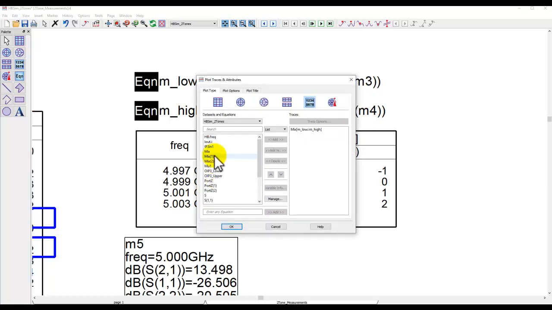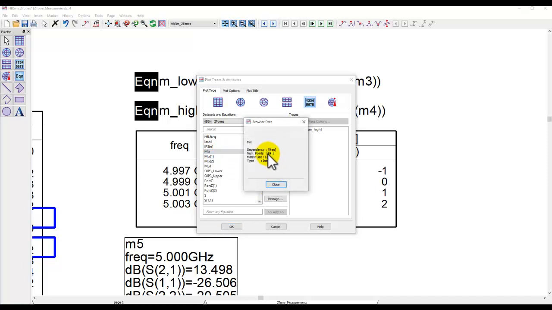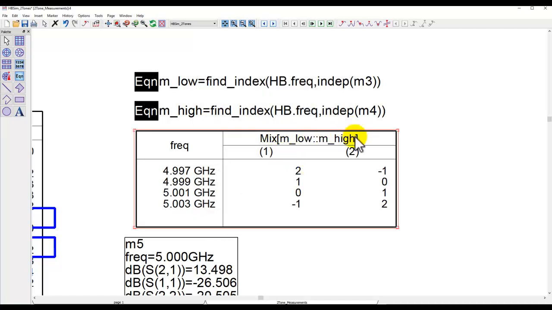Because if you remember, if you look at mix, look at the variable info, it is 49 frequency points, because those are the number of frequency contents generated after harmonic balance. So I just put a square bracket and read any index or any frequencies starting from this index where my marker 3 is placed, going up to the point where my marker M4 is placed.